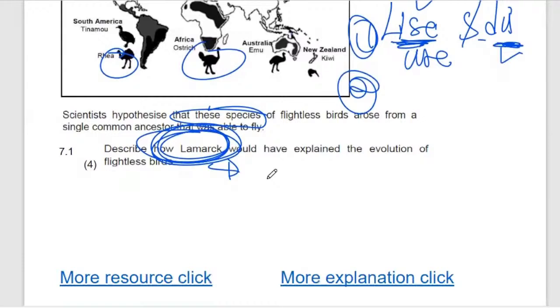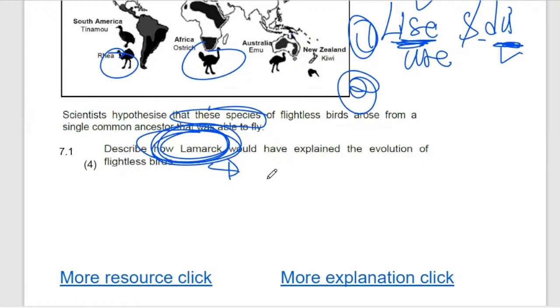They reduced how frequently they were using their wings to fly. You understand? And then the wings maybe became smaller. Is it clear? They became smaller and weaker, maybe. And then they couldn't fly.